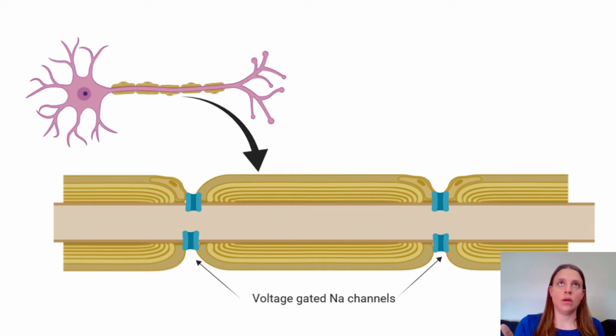So the action potential in one part causes an action potential to occur in the next part, and it continues along the axon, just like dominoes falling over.